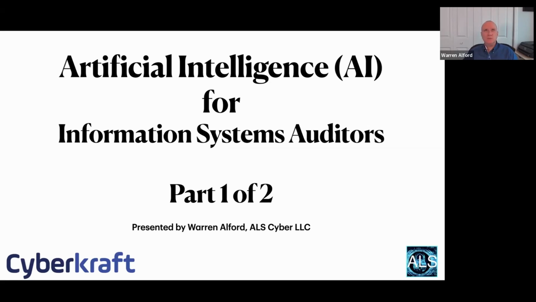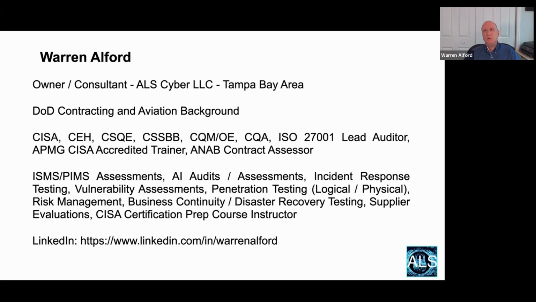We're going to talk a little bit about what AI is and what elements make up AI, the different types of AI and things like that that are important to have that overview, so to speak, before launching out and actually auditing it. And then in part two, we'll cover more specifics about how to audit AI systems, the approach, and things like that.